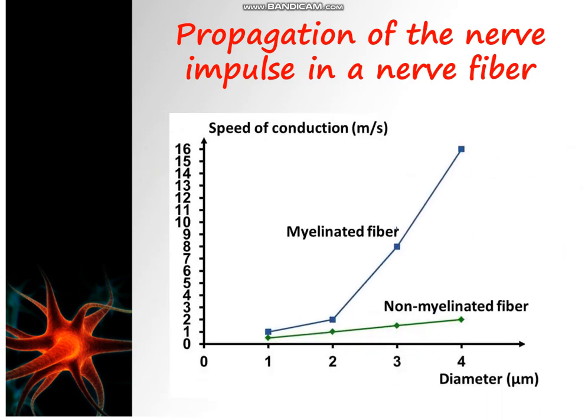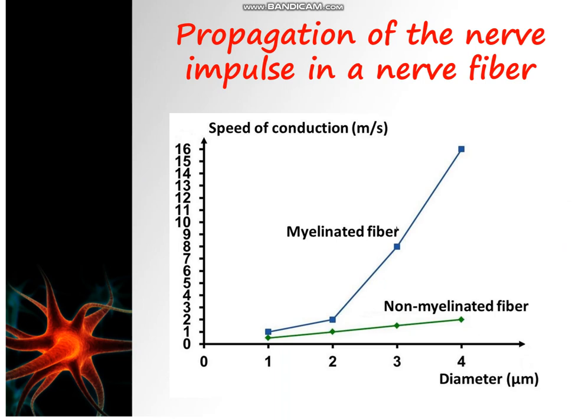Now, this document shows the variation of the speed of conduction of the nerve message in myelinated and non-myelinated nerve fibers as a function of diameter of the fiber. What can we draw out from this document?